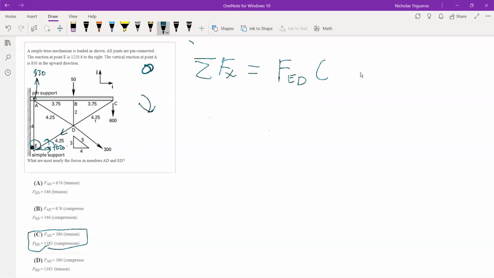Does that make sense? So would we use the 4 over 5 again? Can we say that it's symmetrical? No, we have this 4.25 as the length, so we have to find what the lengths are of the other two dimensions.